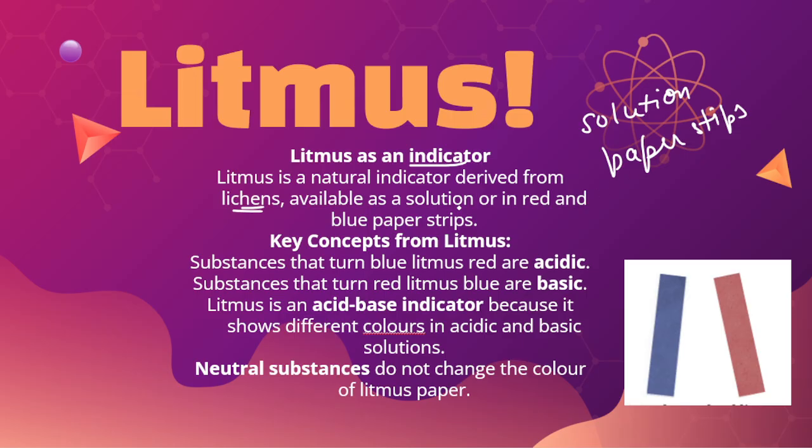Now let's see the color change, how it is an acid-base indicator. Let me draw a flow chart kind of thing, because when I was in 7th it was very difficult for me to learn all this stuff. So let me make it easy for you.